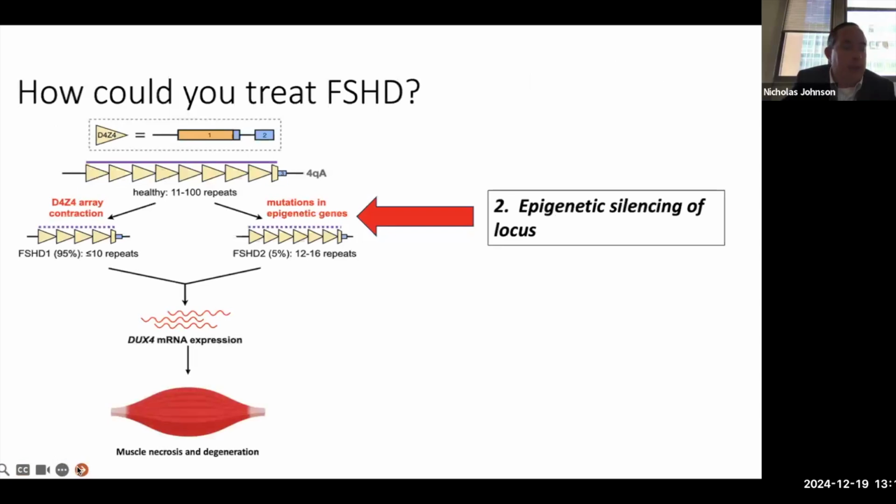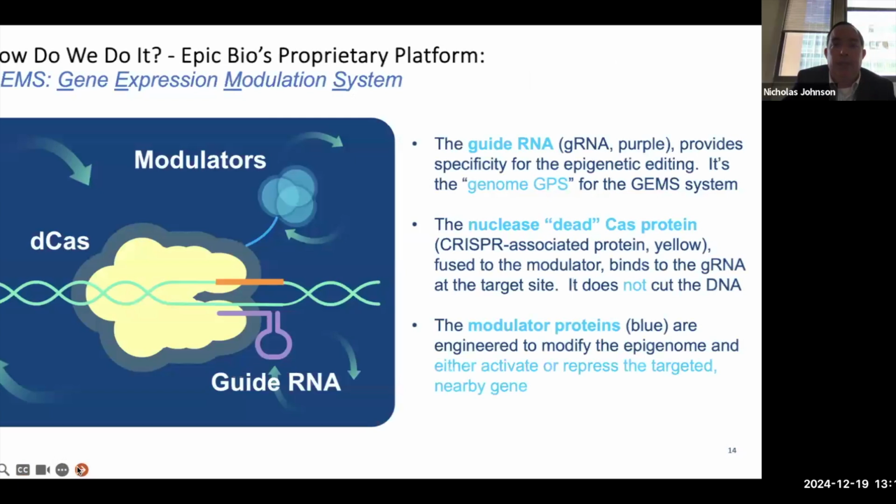All right, so let's get to the meat here. Number 2, epigenetic silencing of the locus. The first program we're going to talk about is from Epic Bio, and they have what's called the GEMS platform. The way to think about it is it takes a virus that wouldn't cause you disease, like a gene therapy type of virus, if you've heard about those in the news.